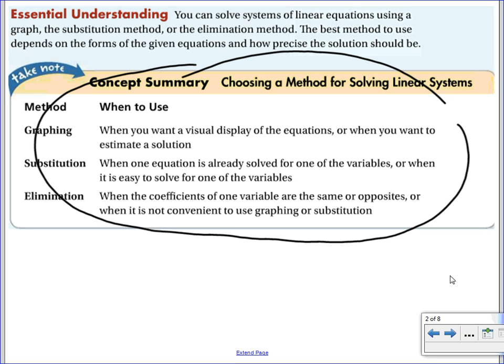Then you can be very exact with it, because the graphing calculator will give you the exact XY coordinates for you. But if not, you'll want to focus on either substitution or elimination. Substitution's best if it's real easy or if you already have one of the equations solved for one variable. And elimination is best when the coefficients are the same or opposites, and when it's going to be easy to eliminate either your x or your y.